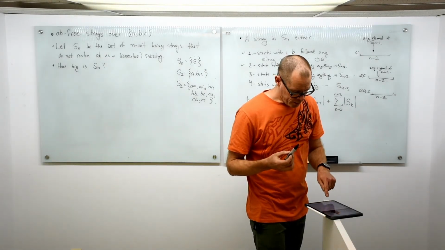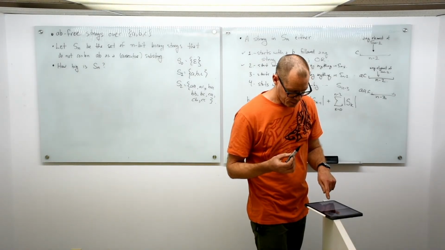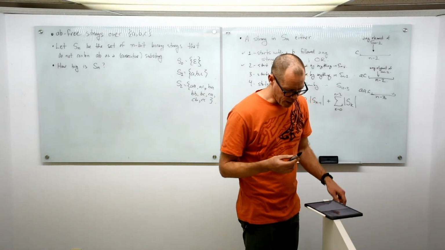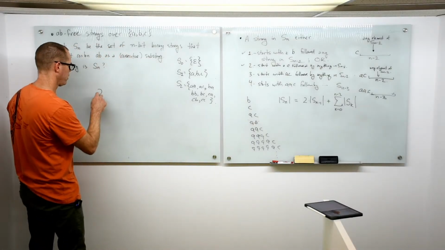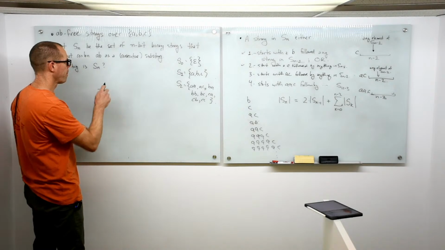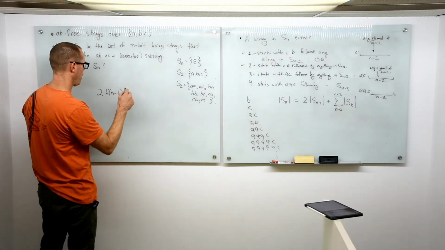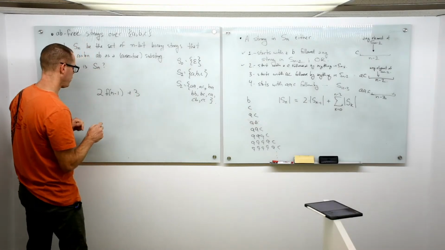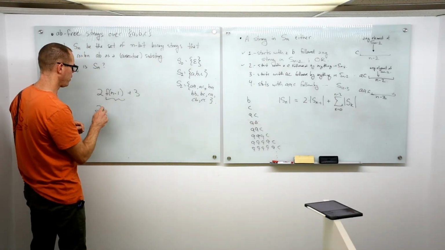Yeah, okay. So, just very quickly, so we had 2 f of n minus 1 plus 3. That was from the definition. Here we used the inductive hypothesis.